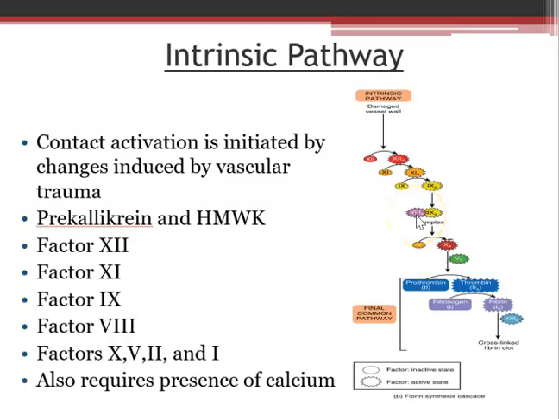There's factor 8, excuse me. Then factors 10, 5, 2, and 1. And that's more in your common pathway. This also requires the presence of calcium, and our calcium is coming from our platelets.